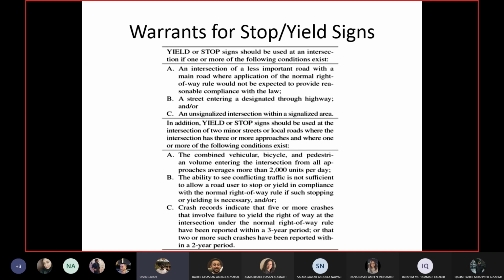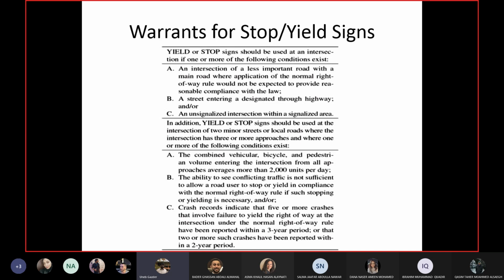Warrants are conditions that, when met at an intersection, will permit the use of a specific control device. If these conditions are not met, then that particular traffic control device cannot be used, or should not be used.